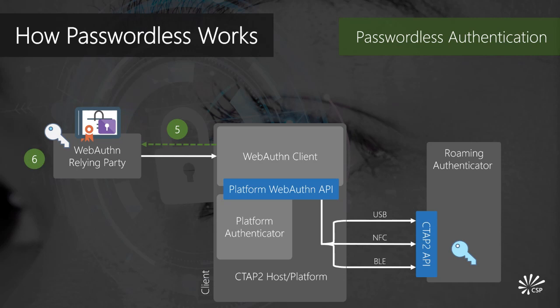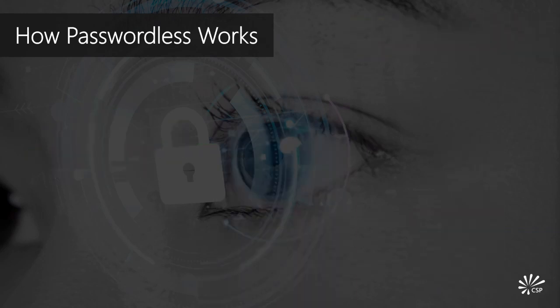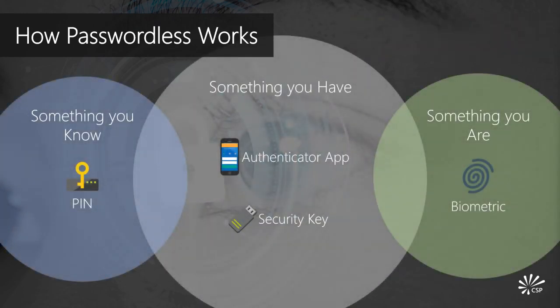So I know we're running up on time, so I'm going to try to get through this quickly, but that question came up around, is passwordless a single form of authentication? What makes it better than multi-factor, or is it multi-factor? And hopefully this slide helps visualize how passwordless authentication does align with multi-factor authentication.